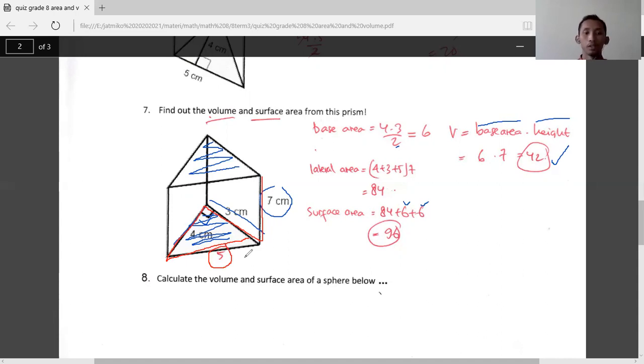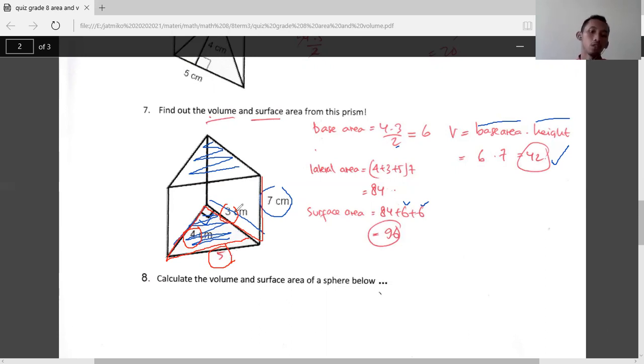How? Use the Pythagoras. 3 squared plus 4 squared equals 5 squared. Or if you already know the Pythagorean triple, you can answer directly. If you have 3, 4, so here must be 5.